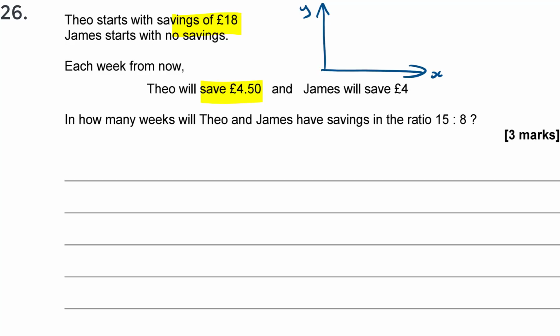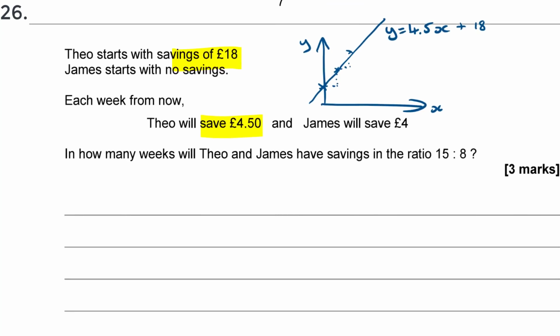So Theo would start on 18 and then every week he would save £4.50, so increase by £4.50 and so on, and another £4.50, and it would give you a straight line graph, wouldn't it, with the equation y is equal to 4.5x, because he's saving £4.50 every week, plus 18, which is your y-intercept, isn't it? So that's y equals 4.5x. Oops, I should have written it where you could see it. y equals 4.5x plus 18. So that's Theo's.